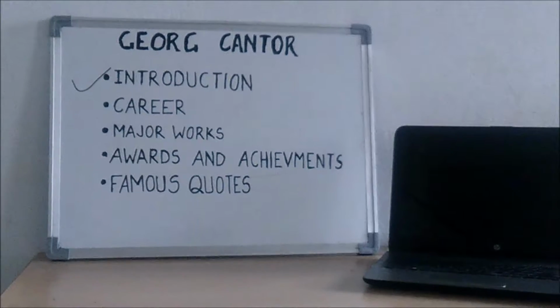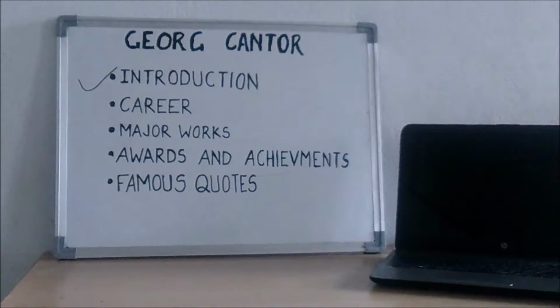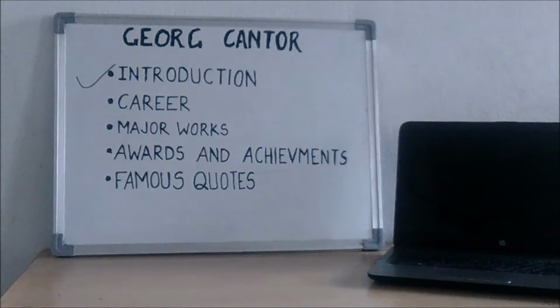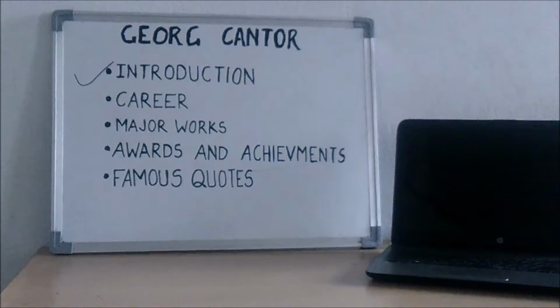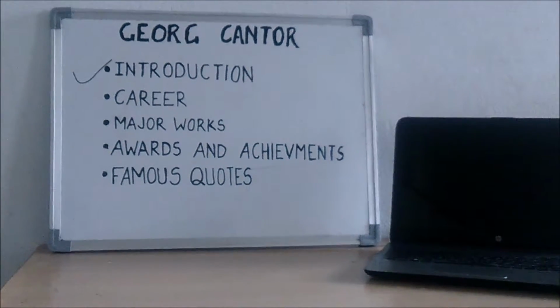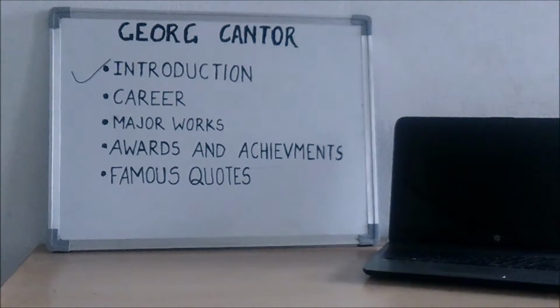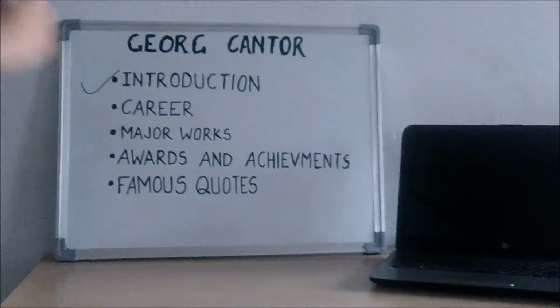By this time, his mental health had begun to deteriorate, though he still determinedly performed mathematical research. His last significant papers on set theory were published in 1895 and 1897 in Mathematische Annalen under Felix Klein's editorship. Okay, so these were his careers.